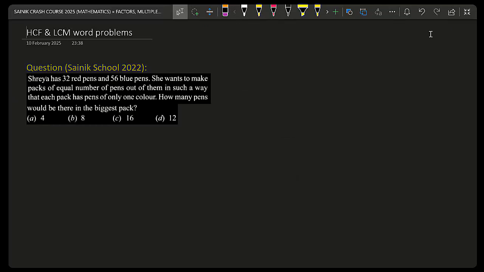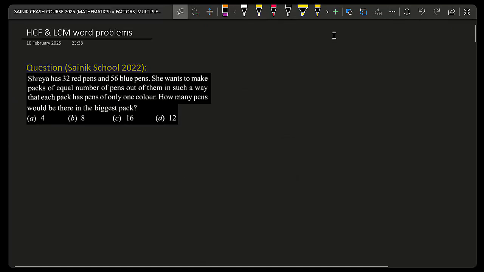She wants to make packs of equal number of pens out of them in such a way that each pack has pens of only one color. How many pens would be there in the biggest pack? That is the question. If you want to answer this question, you can raise a hand now. Anyone? Try to read the question more number of times.